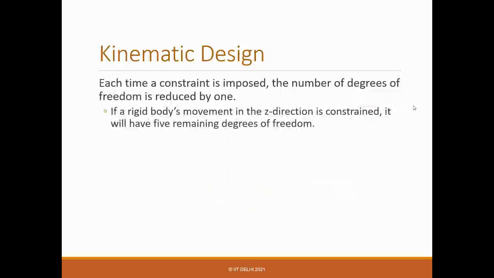So what we are saying is, each time a constraint is imposed, the number of degrees of freedom is reduced by 1. It's an ideal case. If a constraint is imposed and the contact is a single point, of course we reduce the number of degrees of freedom by 1. Suppose your rigid body's movement in the z direction is constrained: suppose this is your reference surface, and the body comes and makes a contact here, right?